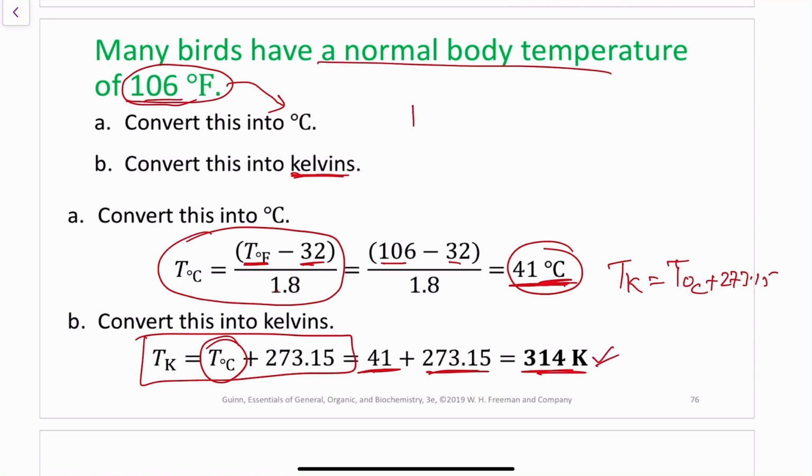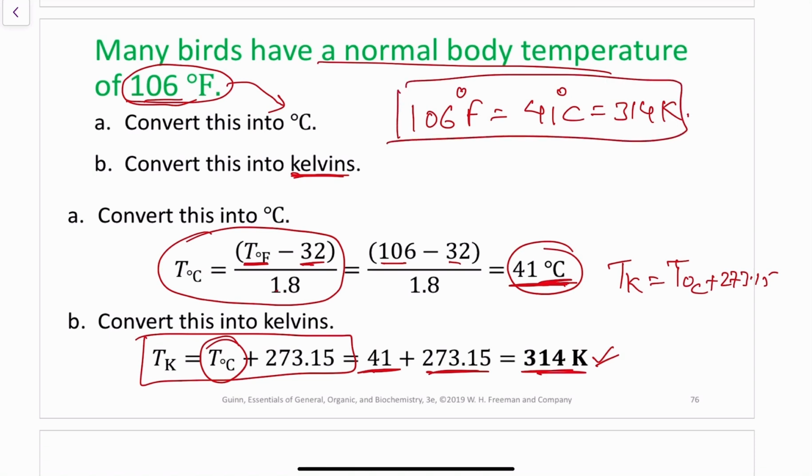So I can say 106 degree Fahrenheit is equal to 41 degrees Celsius is equal to 314 Kelvin. All are at the same temperature but in different units. So to solve for degree Fahrenheit or a different unit of temperature, you just have to plug in the value in the formula and the relation, and you will get the number.